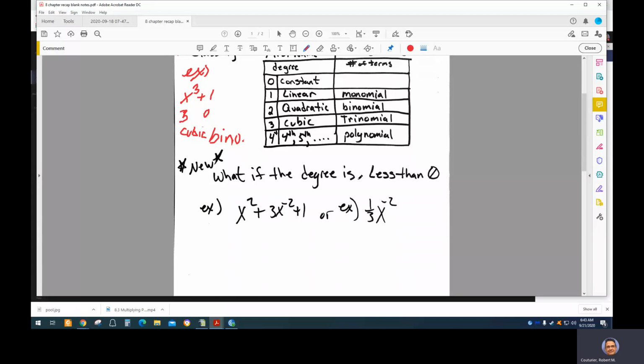Here's something that's new. What if the degree of what we're looking at is less than 0?